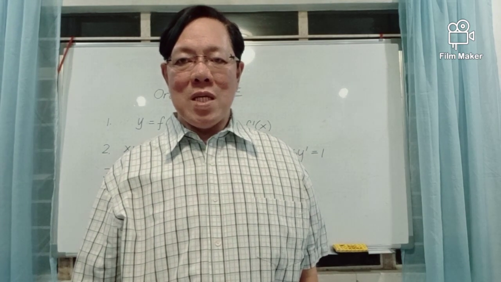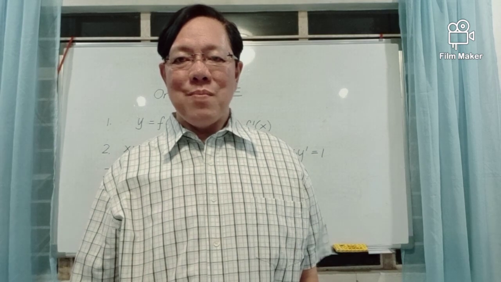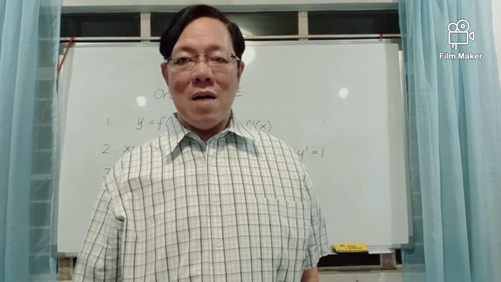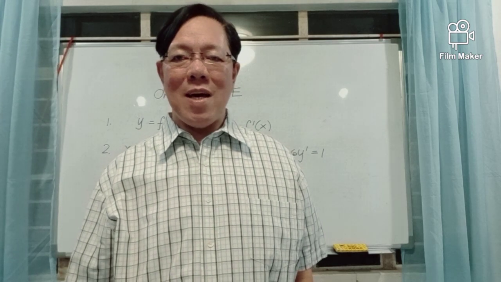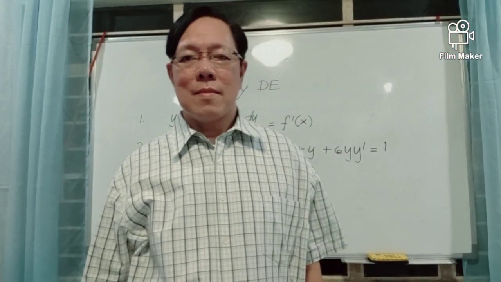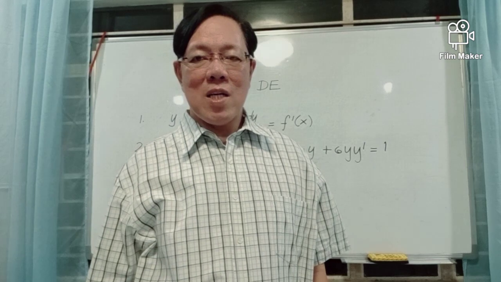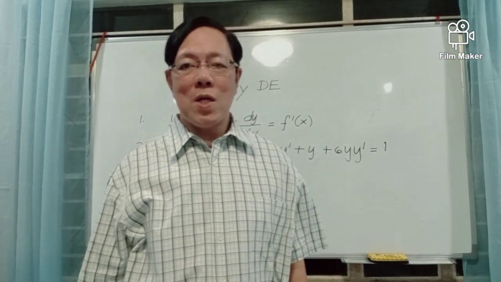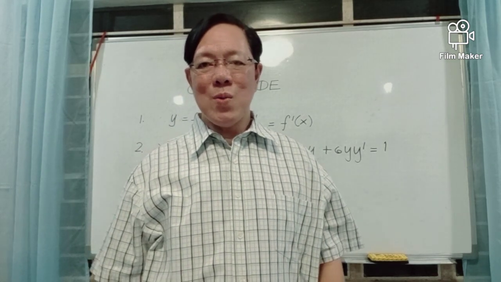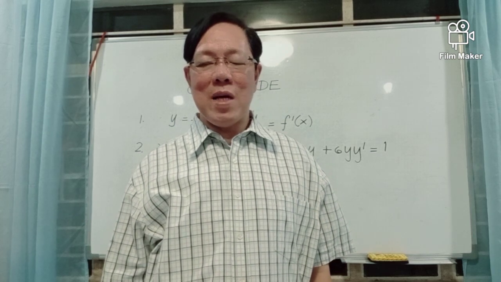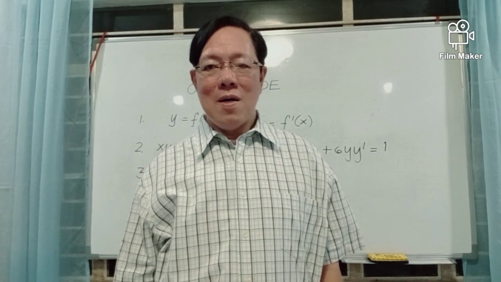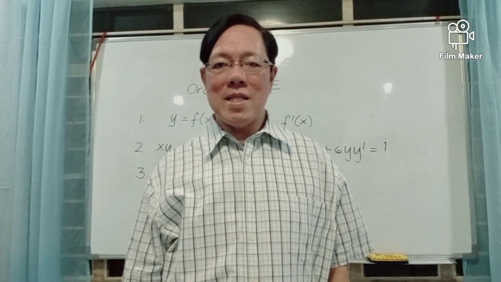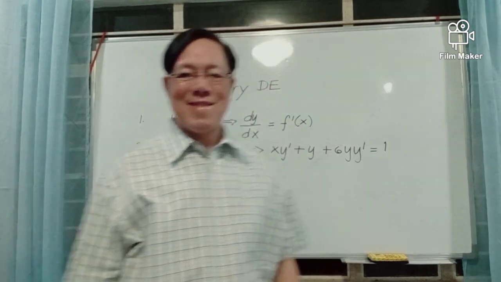So first we differentiate between ordinary differential equation and partial differential equation. When is a differential equation ordinary? Or when do we have an ordinary differential equation? We now consider some examples of ordinary differential equation.